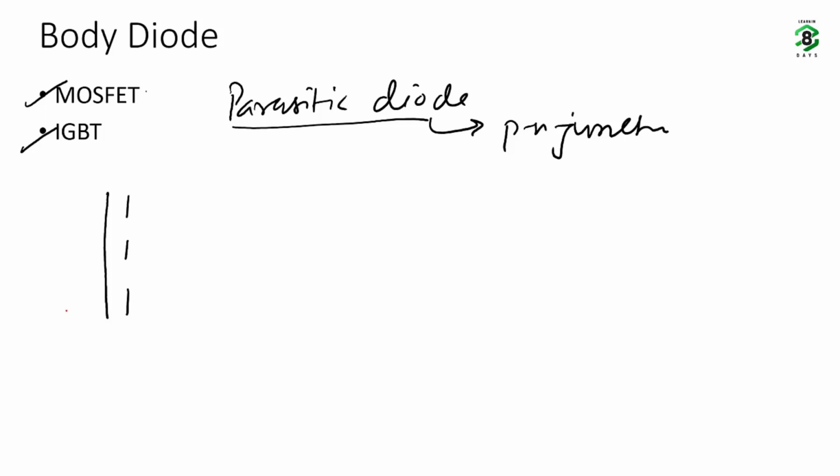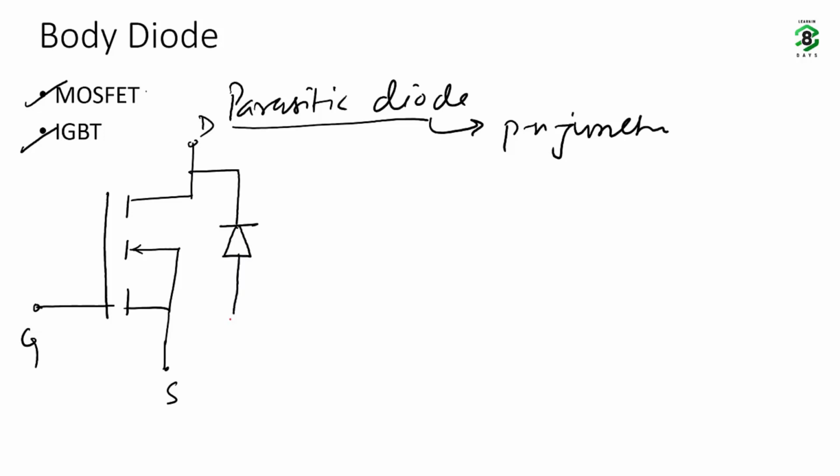So what will the equivalent circuit look like? This is the diode, this is drain, source, gate. This is the parasitic diode I am speaking about.